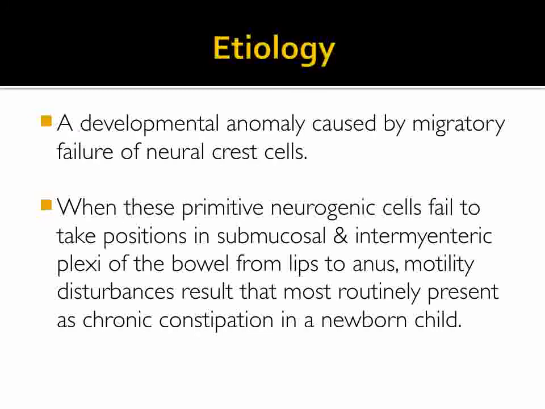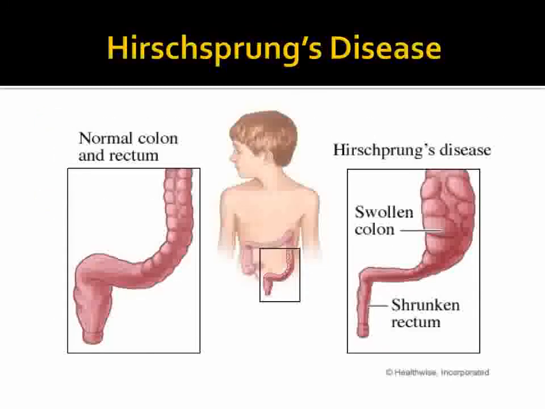In Hirschsprung disease, there is failure of innervation, or aganglionosis, of a segment of the bowel. The segment usually starts from the rectum and may go up. It may take only the rectum, or the rectum and part of the sigmoid, or the rectum, sigmoid, and part of the descending colon, etc., giving different levels of the disease.